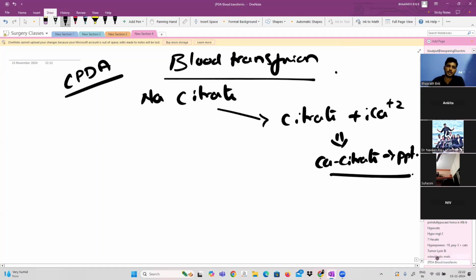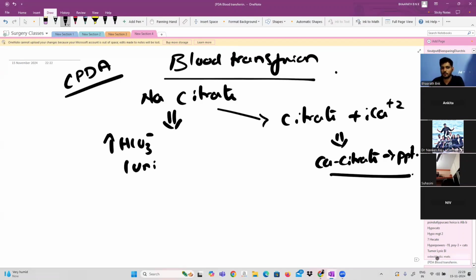useful. Also, I told you, because there is sodium citrate, it will increase the bicarbonate levels, right? 1 unit of blood, if you remember, contains about 23 milliequivalents of bicarbonate.